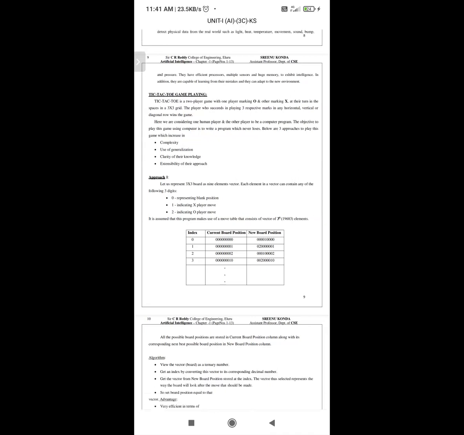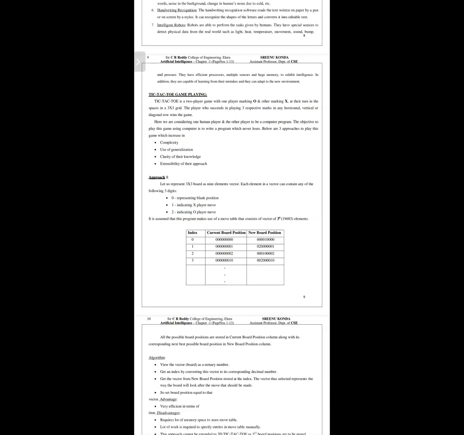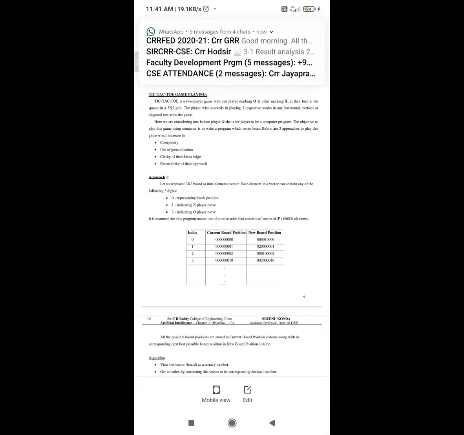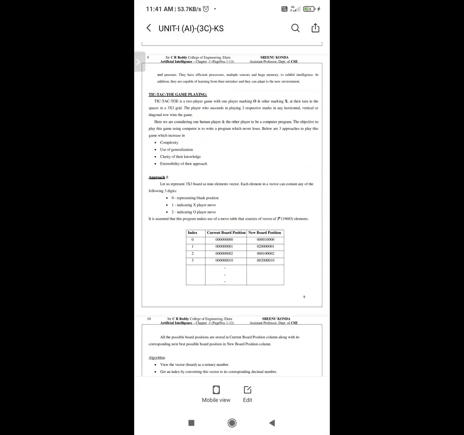The objective of this game is that, using the computer, we have to write a program which never loses, because we need to make the computer win always. So the objective is to write a program for the computer which never loses the game.